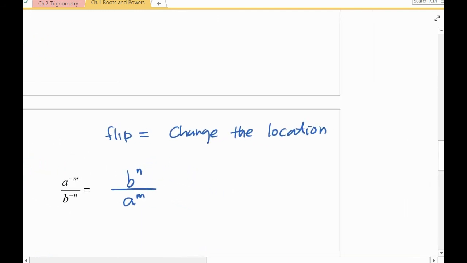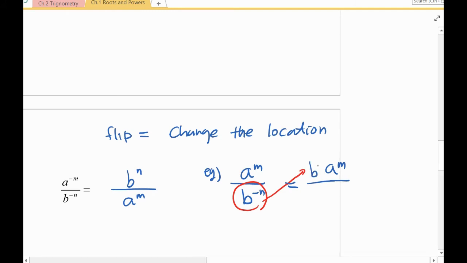Okay, what if you have, for example, positive exponent in the top and negative exponent in the bottom? In that case, you don't touch the positive exponent. You don't move the positive exponent. You just leave it there. And you just need to change the location of the negative exponent to the top.